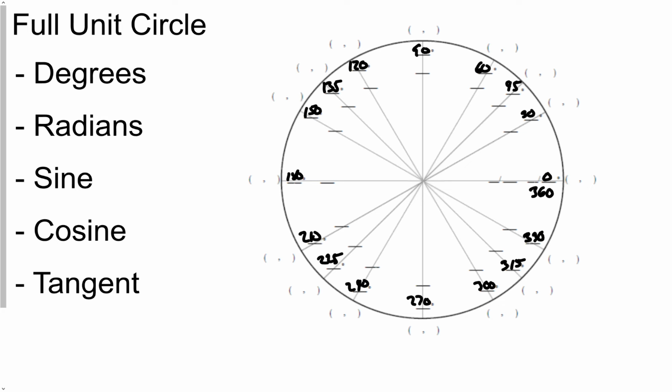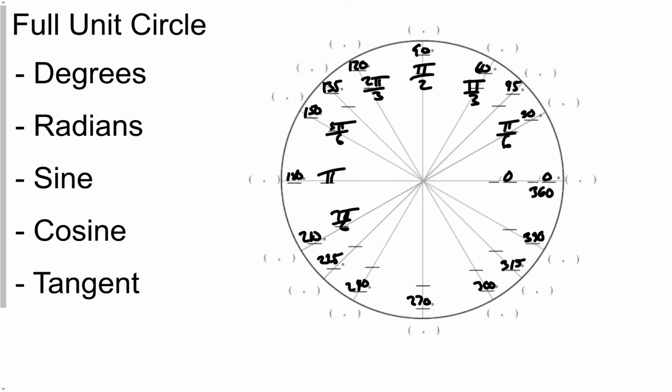Let's do radians now. We start with 0 radians, and we start with pi over 6 radians. And now what I like to do is just go all the way around, keep adding pi over 6, just like I kept adding 30. So we get pi over 3, pi over 2, 2 pi over 3, right? 1 pi over 6, 2 pi over 6, 3 pi over 6, 4 pi over 6, and then 5 pi over 6, and 6 pi over 6, reducing each one as I go.